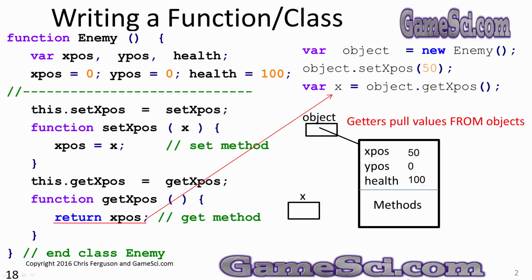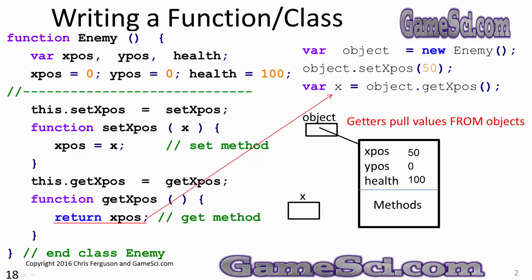Remember my description of an object as a super variable. Well, look at this variable. It's holding 3 pieces of information: the x coordinate, the y coordinate, and the health of this particular object. So a get method would pull a value out of the object.